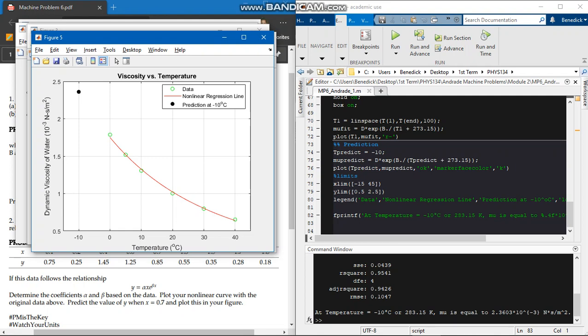The mu, or the dynamic viscosity of water, is equal to 2.3603 times 10 to the negative 3 Newton second per meter squared.